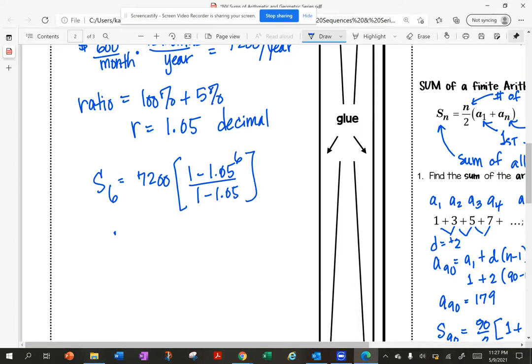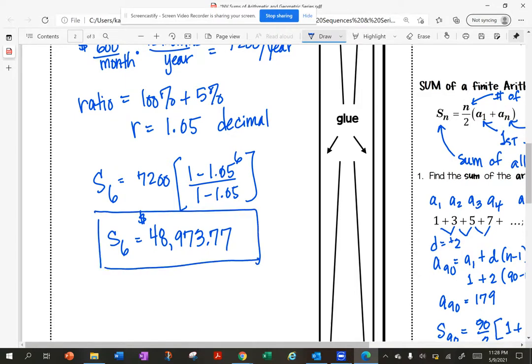So the sum for the rent that I paid for the 6 years is going to be $48,973.77. It's a lot of money. Okay, that's it for today.